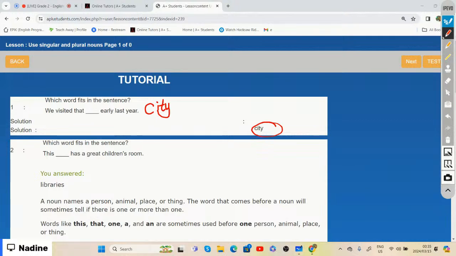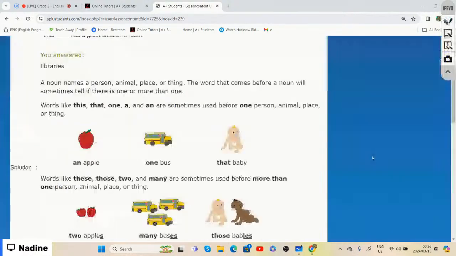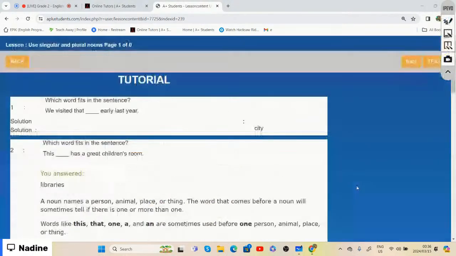Then we have this has a great children's room. This what has a great children's room? If we go to a place where we can find lots and lots of books, what do we call that place?